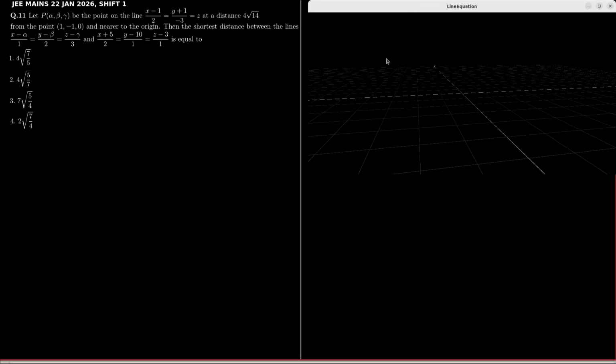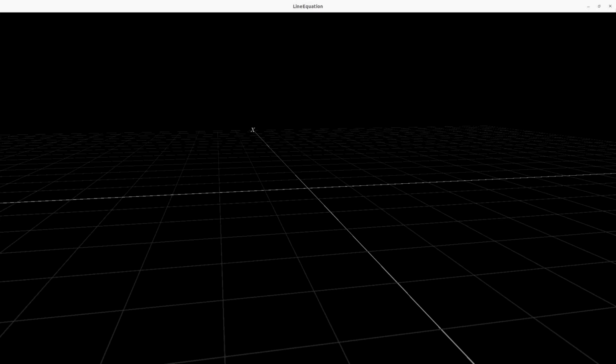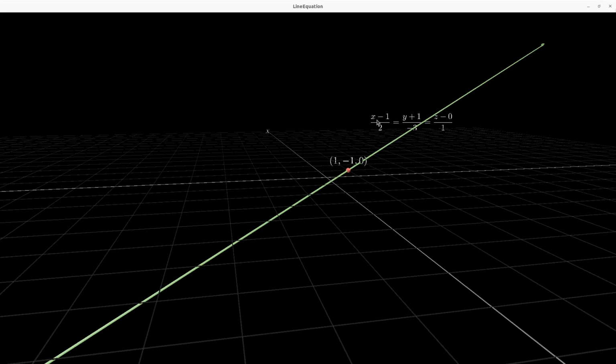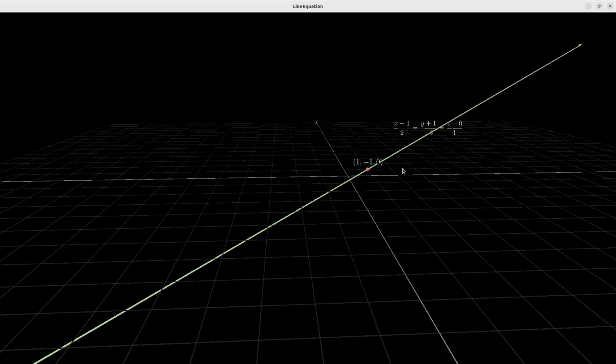Now we will plot the point, and let's start by plotting the line first. We got the line here, the given line, (x minus 1)/2 = (y plus 1)/(minus 3) = (z minus 0)/1. That is our given line here.